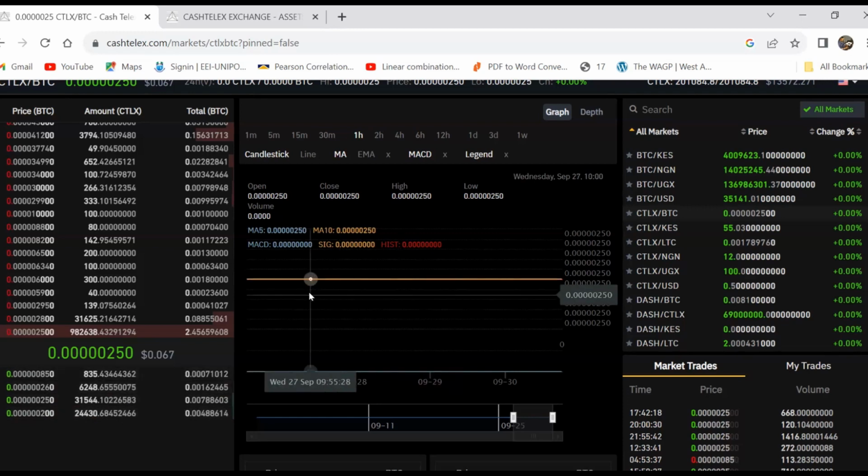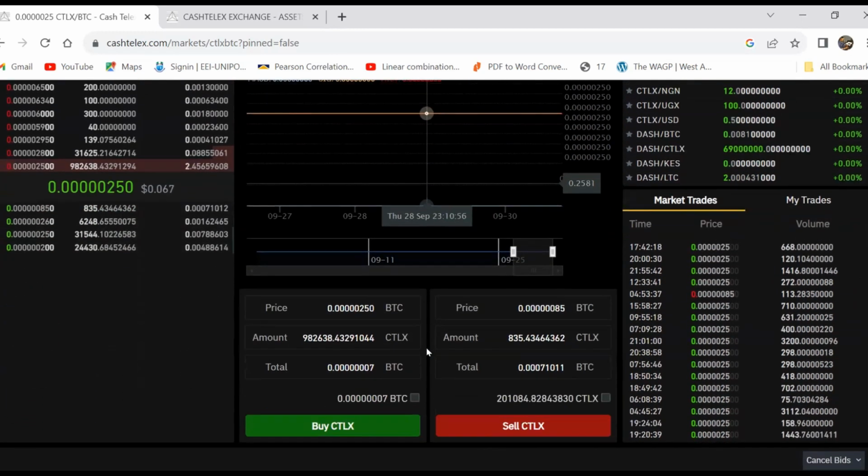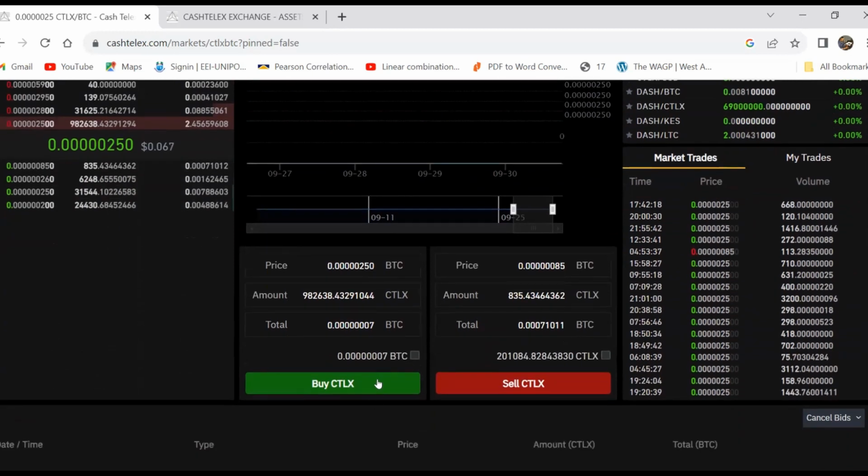So this will now take me to how you can set your price for buying or selling of CTLX. For instance, if I want to buy, which is what I'm going to encourage every one of us to do, buy when it's cheap now. When Bitcoin came in the past, it was as cheap as what we're having in CashTelex now.